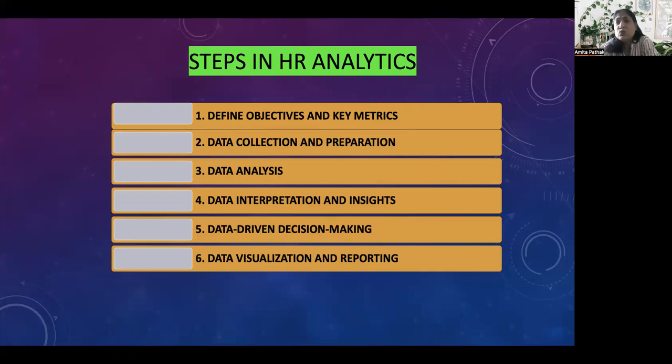Data visualization means using certain graphs, pictures, figures, so that people can grasp what you want to say. No one is interested in theory. Everyone wants visualization so that they may quickly grasp what you are saying. Suppose we are saying there is a need to improve the employee engagement rate. But how? If you are just speaking and speaking, no one is interested. But if you show certain facts using graphs or tables, it's much easier to use it.